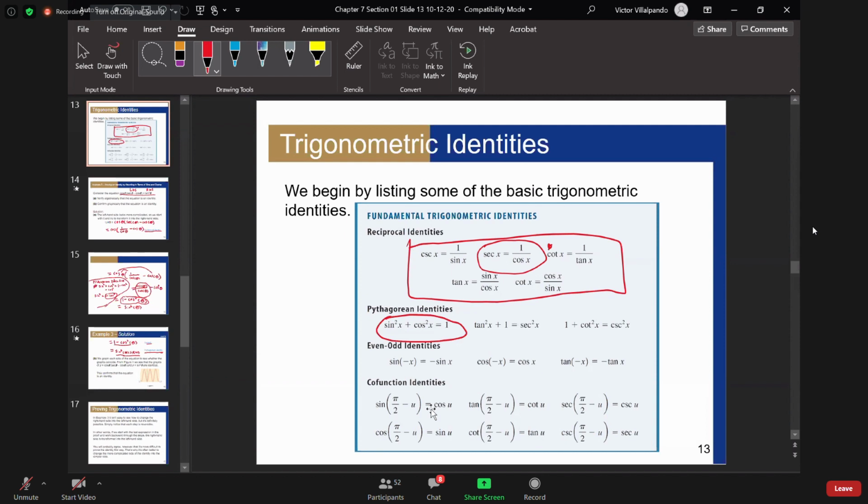So I recommend if you have a binder, print this out or physically write it on a piece of paper and tape it to your binder. Just like the unit circle. So I suggest you have those two tools to help you as you're working.